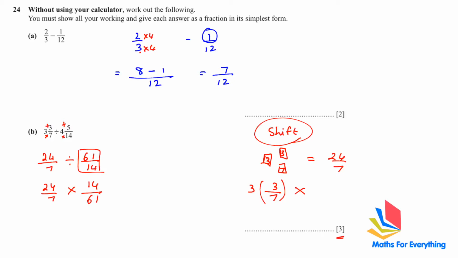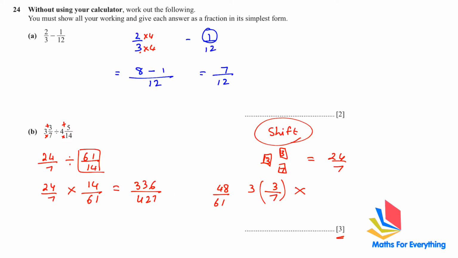Remember, it's a 3-mark question. We have to show some extra working. Now multiply the numerators. So 24 multiplied by 14 will give you 336. And then multiply the denominators. 7 multiplied by 61 will give you 427. Write it as a fraction in the calculator and you will get 48 over 61.